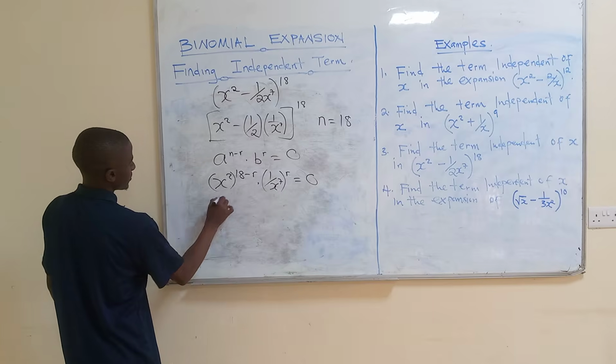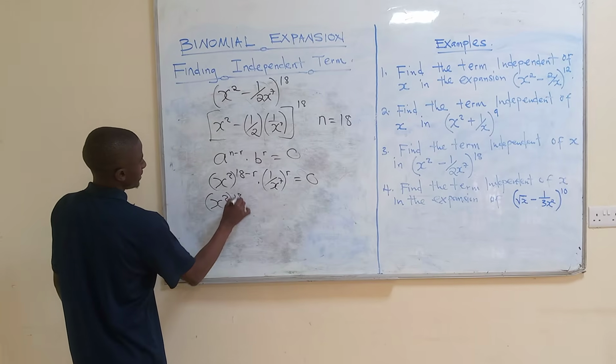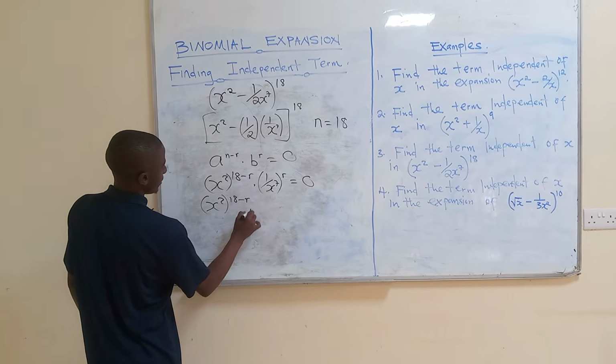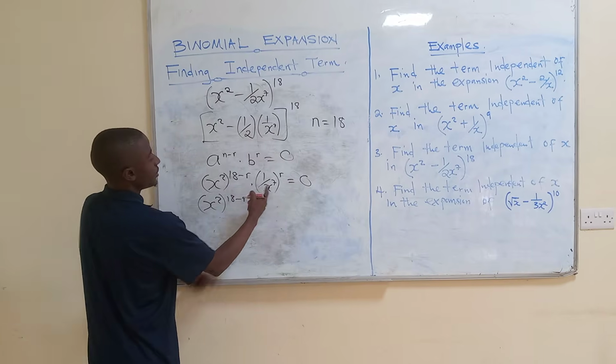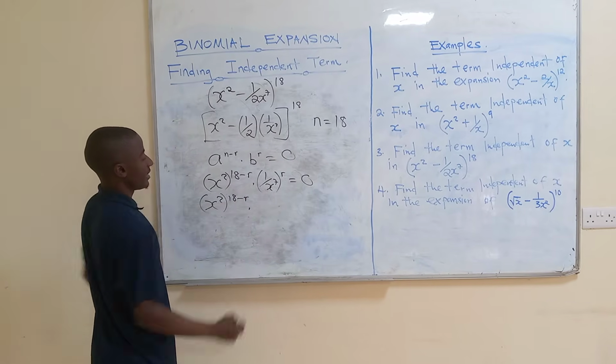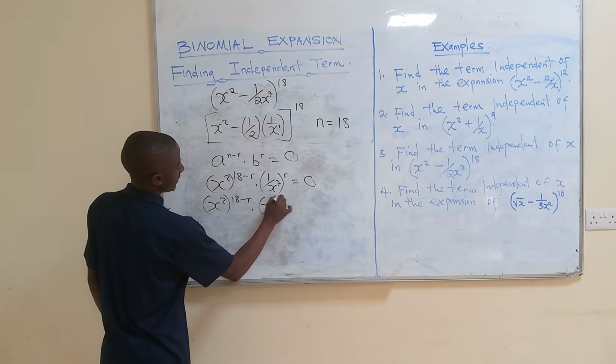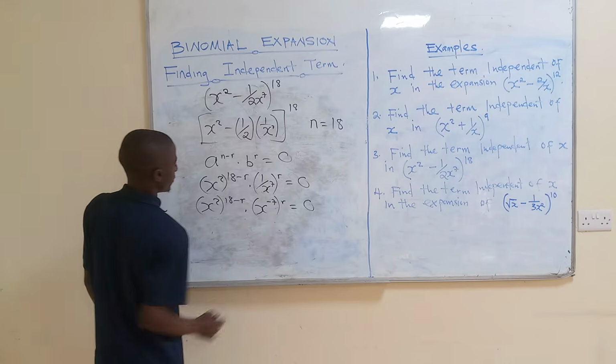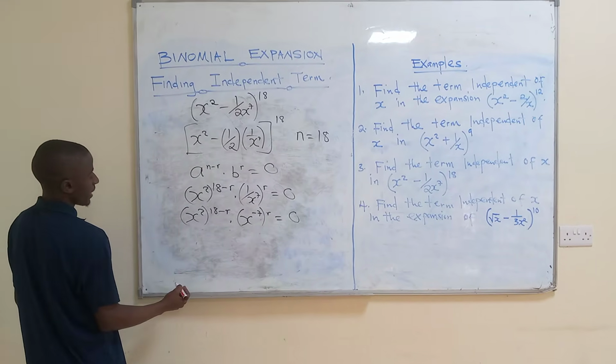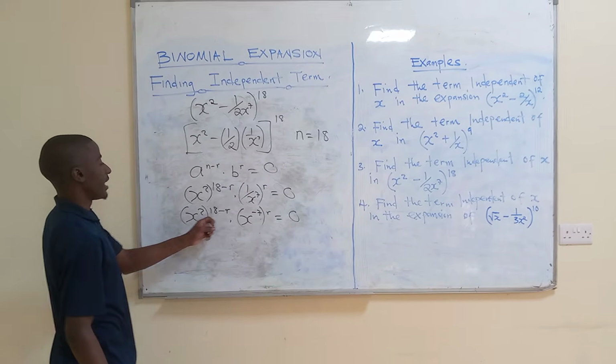So that is x squared to the power 18 minus r, dot 1 over x to the power 7, that is the same as writing x to the power negative 7. r is equal to 0. So here we multiply. The bases are the same, add the powers.